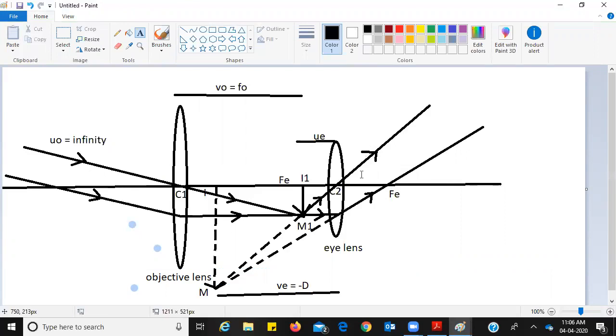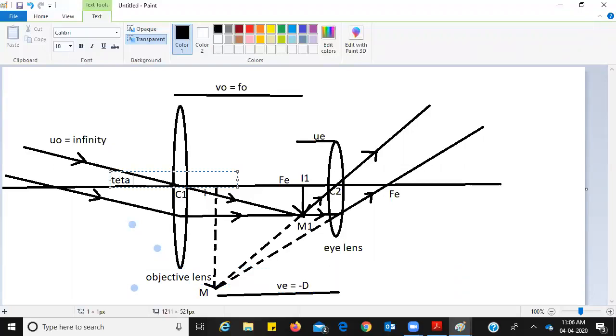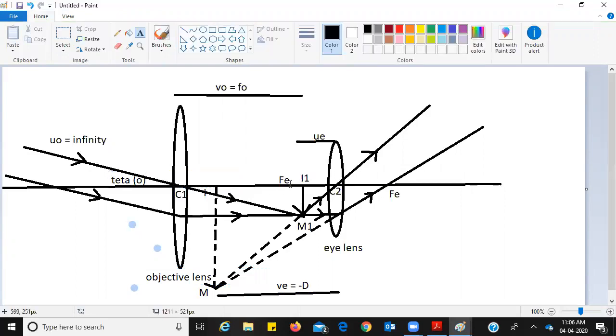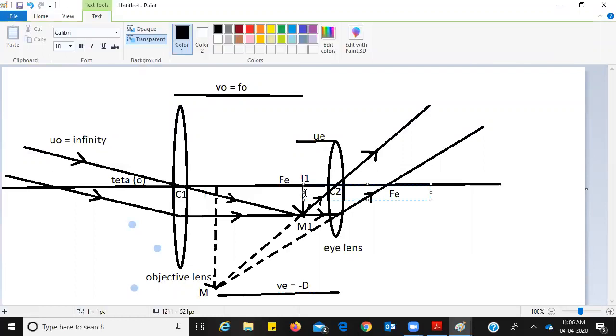Theta O and theta I. So theta O is angle C1. Through vertically opposite angles, you can get the same on the other side. I1, C1, M1, then theta is C2.